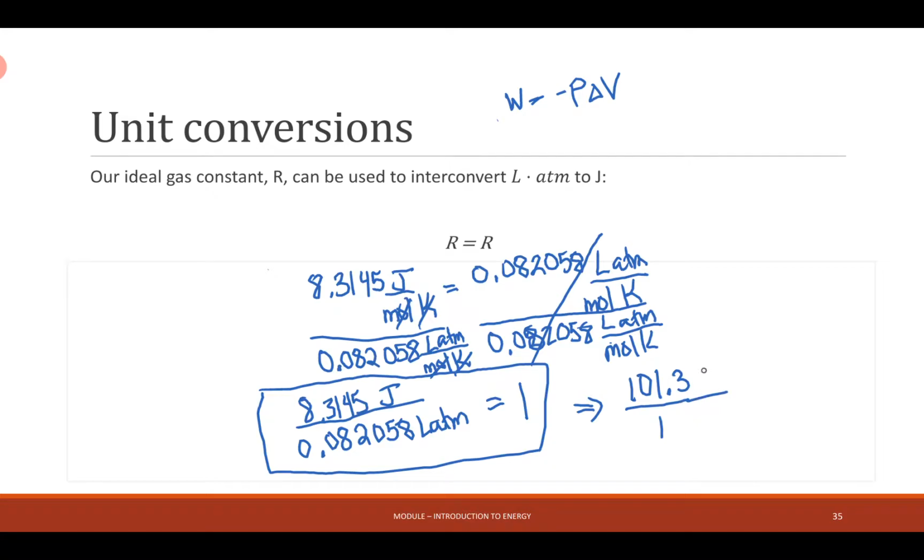So that tells us that 101.3 joules is equal to 1 liter atmosphere. So you might see this used as a unit conversion in your homework, and this is where it comes from. So you can always use these values from your yellow sheet.